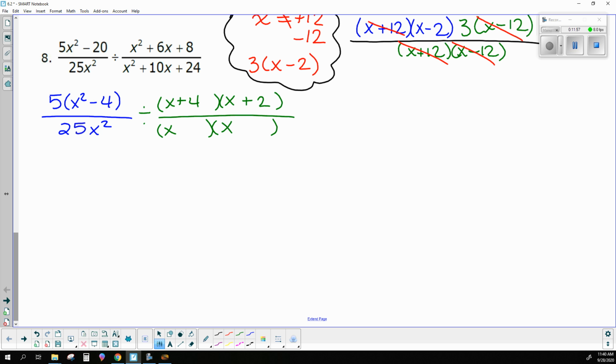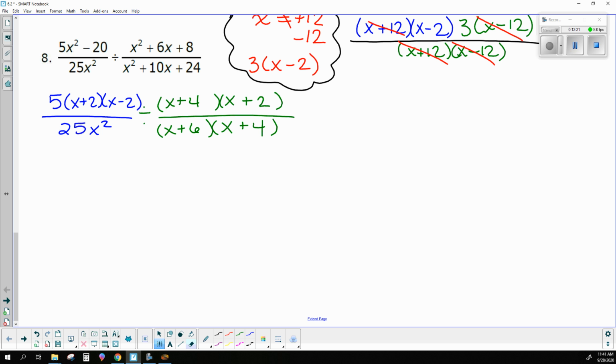Nope. 6 and 4. There we go. Okay, so this is what we have. Keep in mind this x squared minus 4 is a difference of squares, so let's go ahead and clean him up now. Everything else is fully broken down.